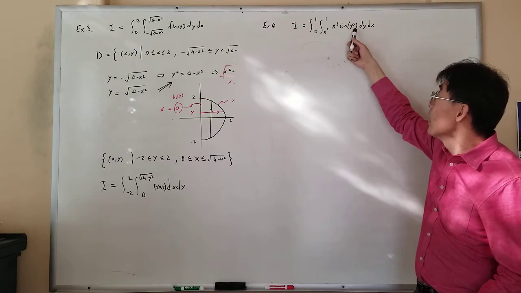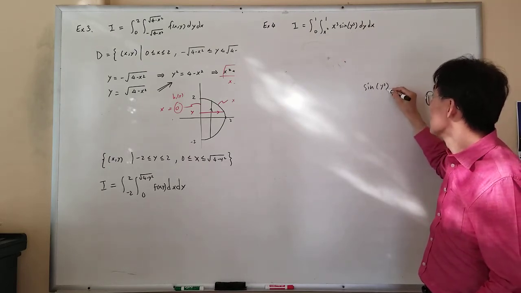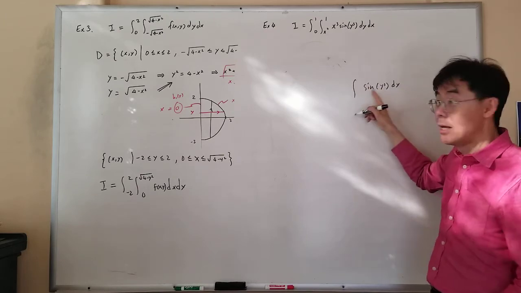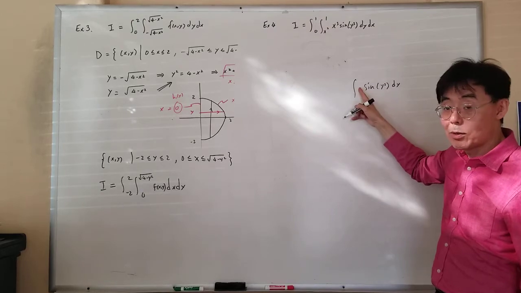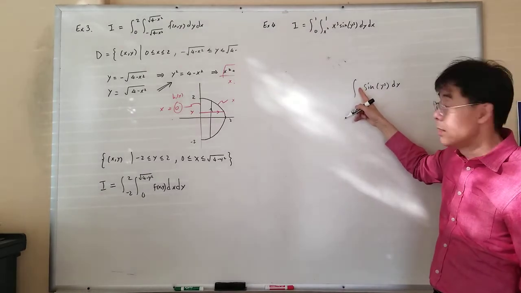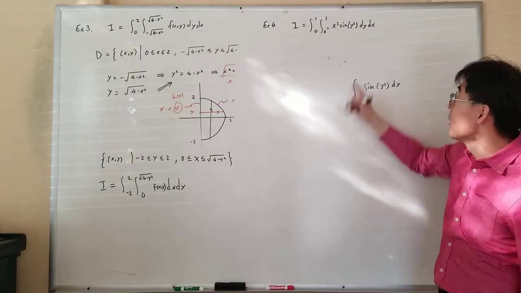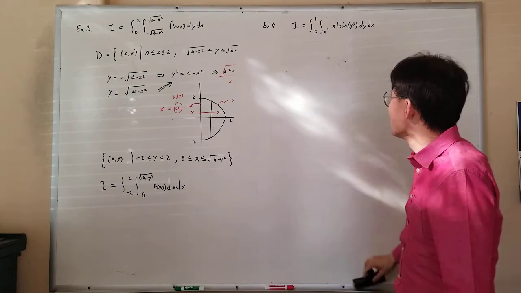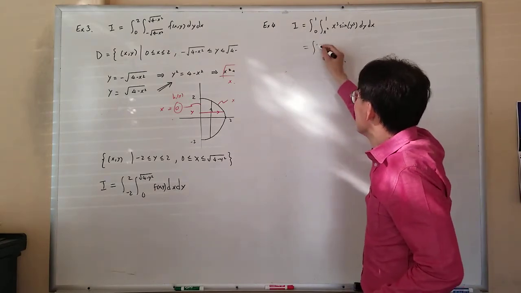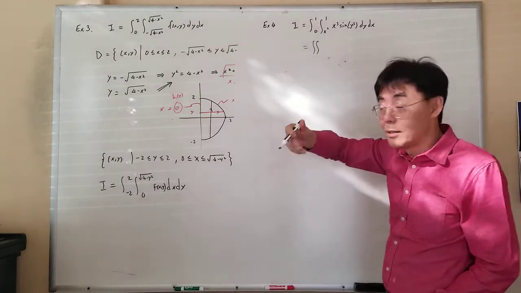Y is the only variable, so you basically have to integrate sine of y cubed without the derivative 3y squared inside, at least y squared. We can't integrate this. We can't do that. So we want to analyze the domain and switch the order.